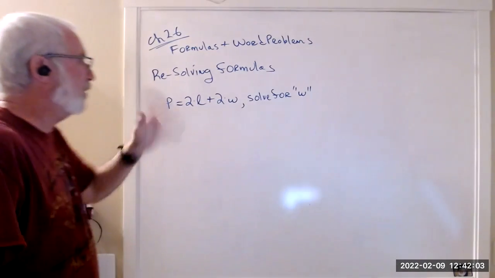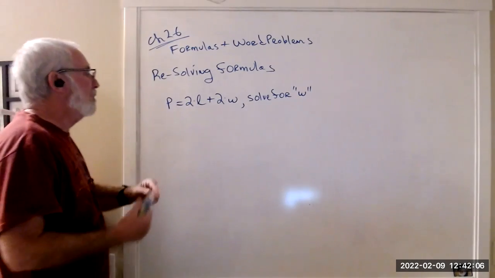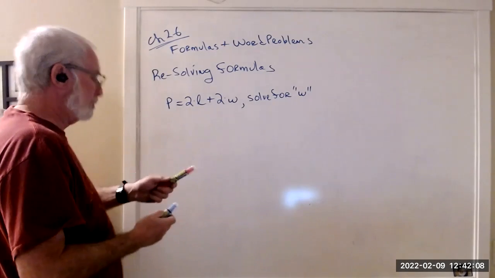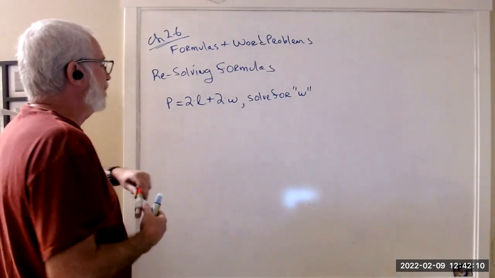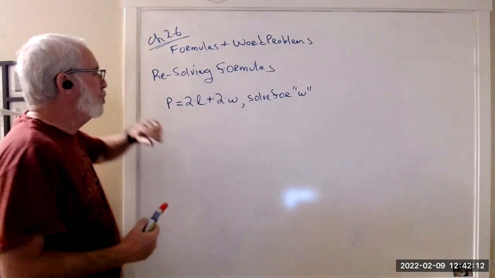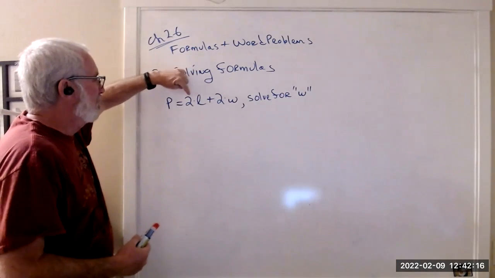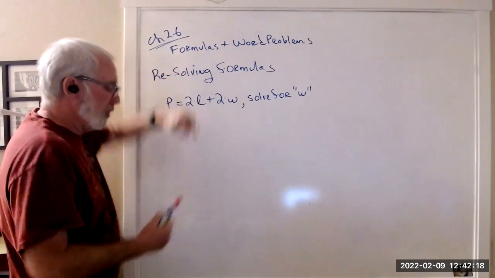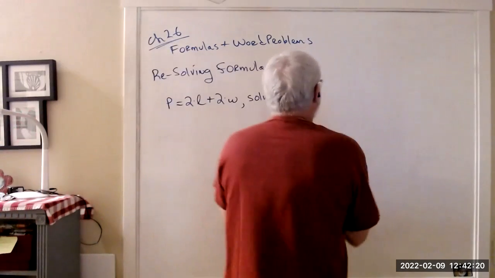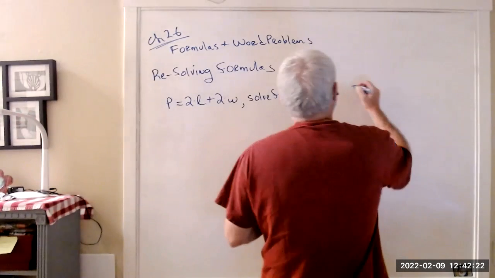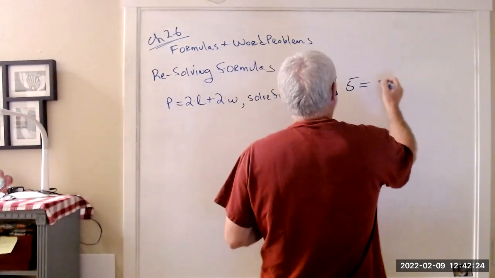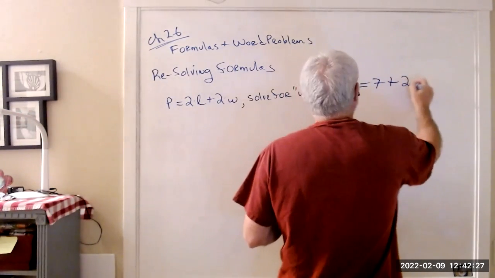Okay, so what we're going to do is, in your mind, you pretend that these are other numbers. For example, you think of this as 5 equals 7 plus 2W.